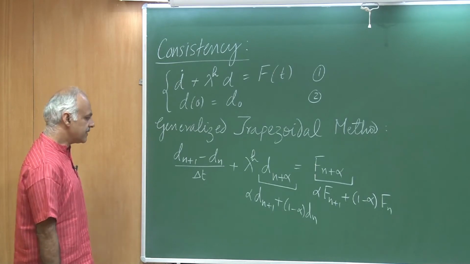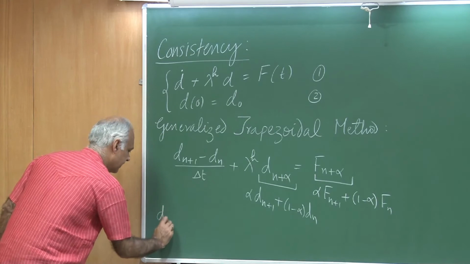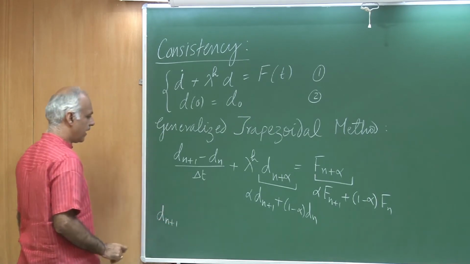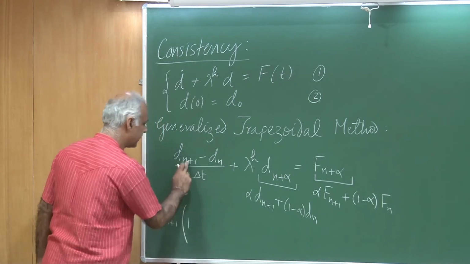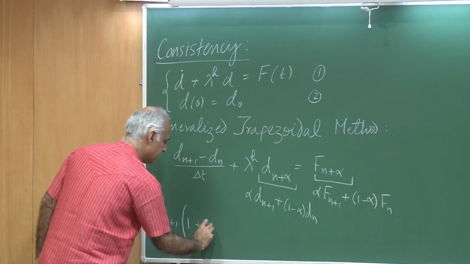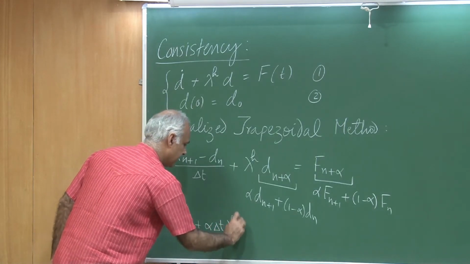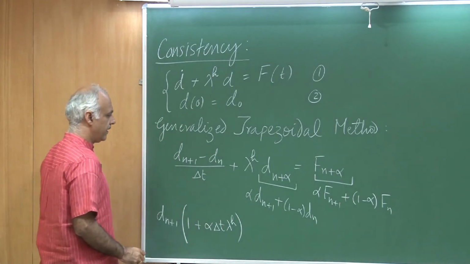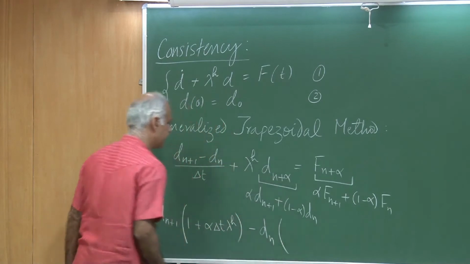So, I can rearrange this equation, and thereby I would get, if I look at the coefficients of d n plus 1, there is a 1 here from this term, and from this term I am going to get plus alpha delta t times lambda h, and then for the dn, let me collect the terms here.